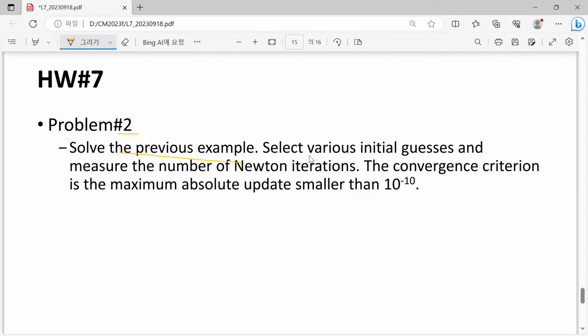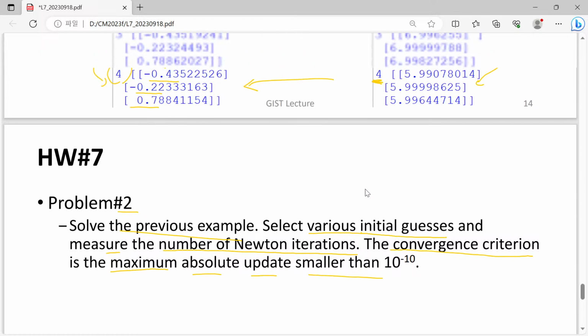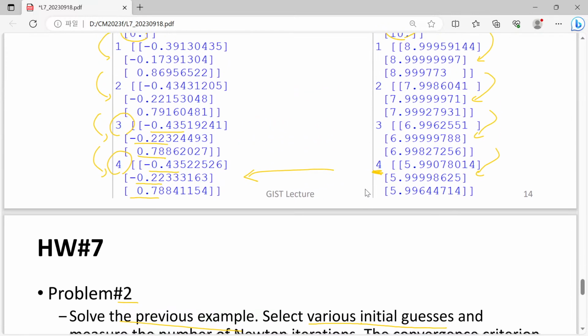Then select various initial guesses and measure the number of Newton iterations required. The convergence criterion for your iteration is maximum absolute update smaller than 10 to the minus 10. Please use this one.